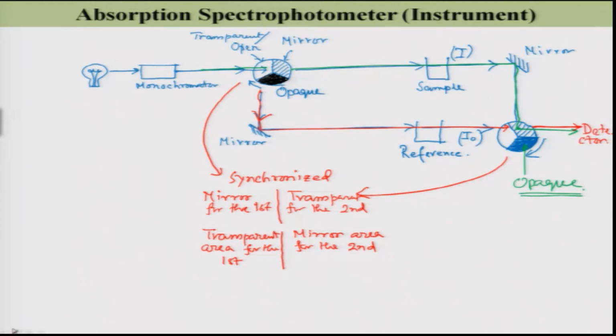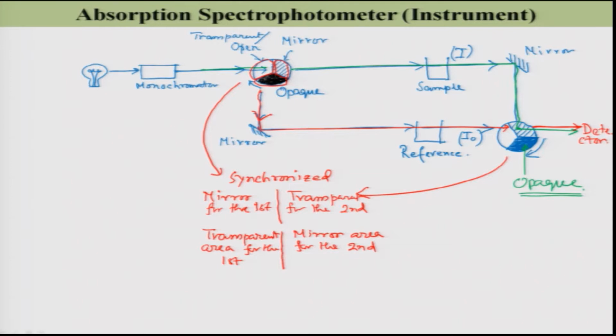Here, as you see, I was discussing this double beam spectrophotometer, and in this case we discussed the role of this transparent part, the role of this mirror part, but I have not discussed yet the role of this opaque part. So, we can discuss it.